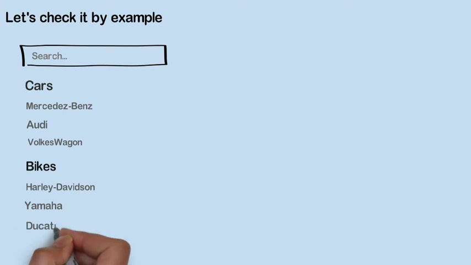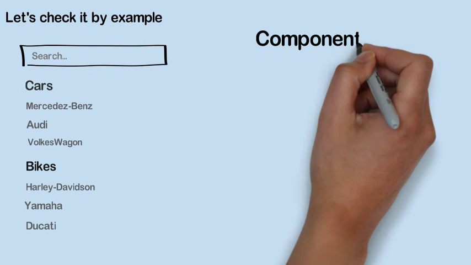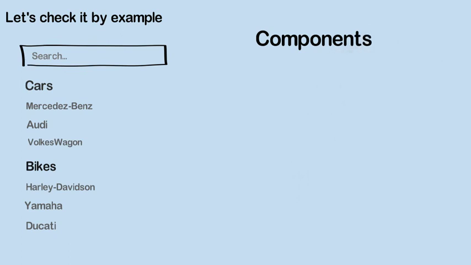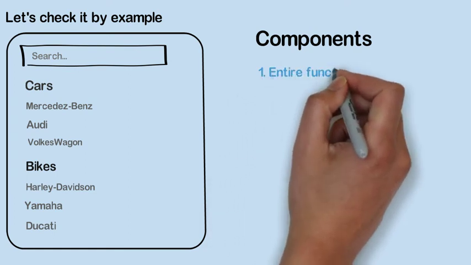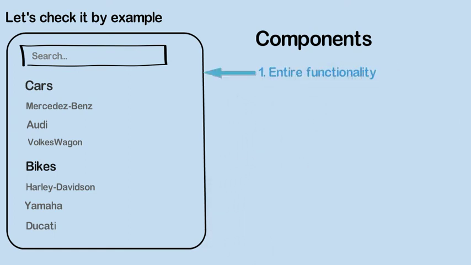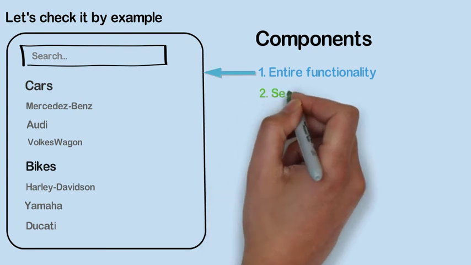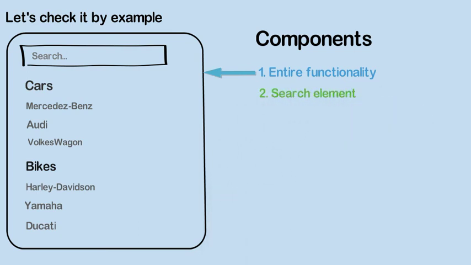Now the question is how to design React components for this simple functionality. Here is the answer. The first component is the entire functionality, so this is the parent component of all. The second one is the search element, which receives all user input and is a child of the first component.